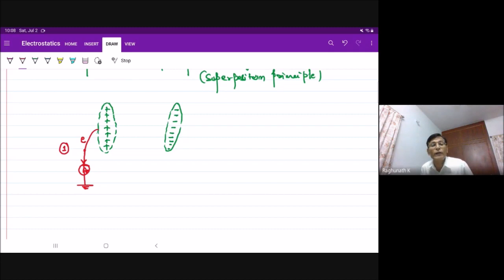Next case is what? This can be done in two different ways, I'll tell you. Next case is electrons removed, whichever the electron the agent removes, is added to another conductor.